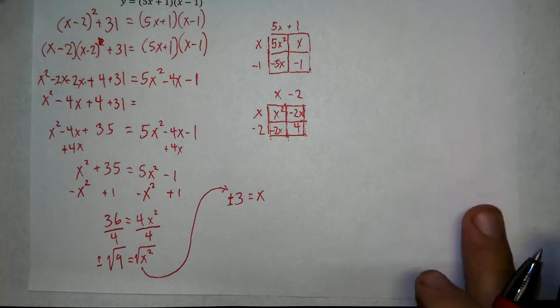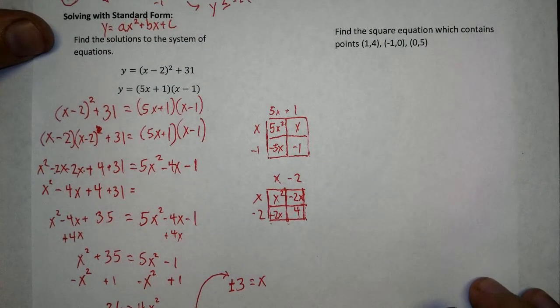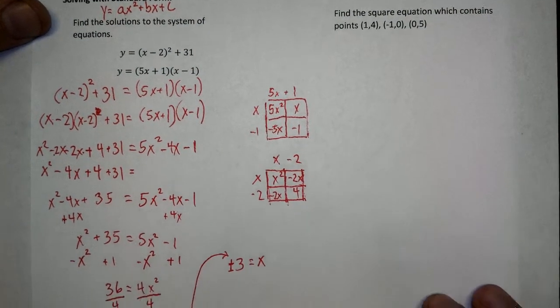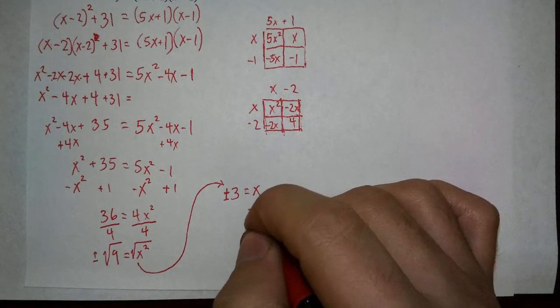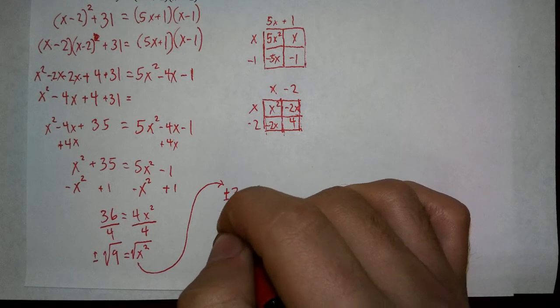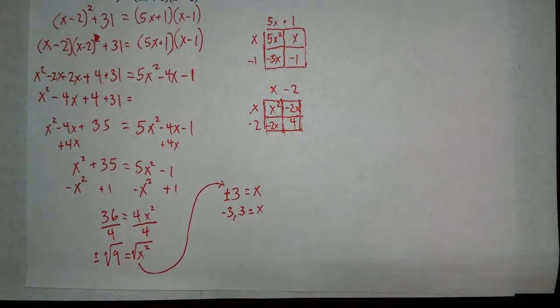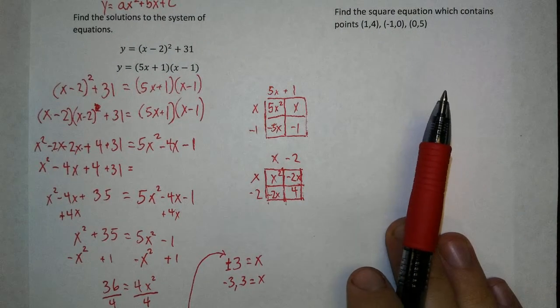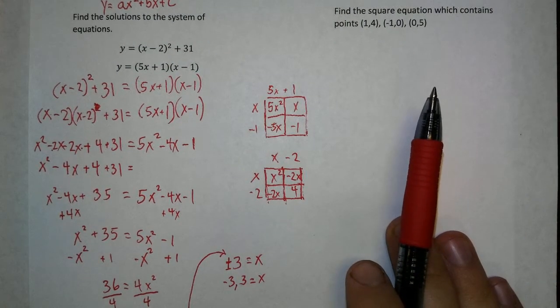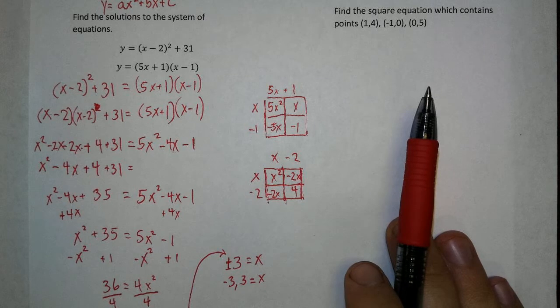Now let's go ahead, because remember, we are finding the solutions to this system of equations. We want to go back and plug in each of our x terms. So here we see that x could equal -3 or +3. So I'm going to go ahead and plug both of these back into my equations to find out what my y's would be for each corresponding x.